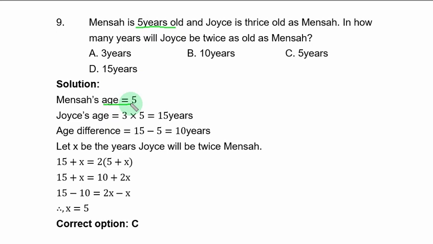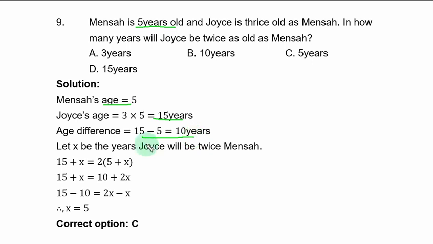Joyce's age is thrice, that is 3 times 5 equal to 15. So let's get the age difference. The age difference is 10, but I think we don't even need that. Let S be the years Joyce will be twice. That is in the future now.